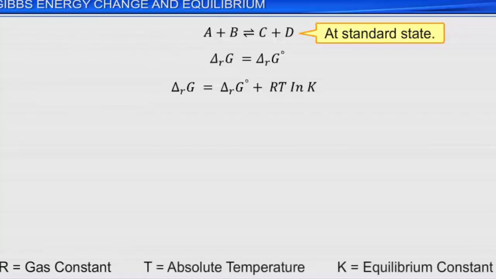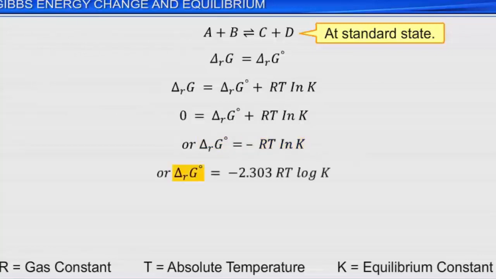This can be further expressed as 0 equals delta rG naught plus RT log K, or delta rG naught equals minus RT log K, or delta rG naught equals minus 2.303 RT log K.